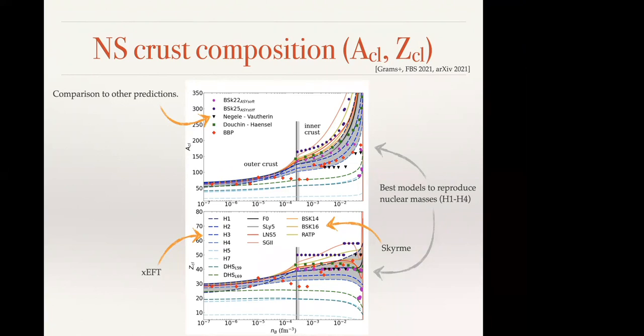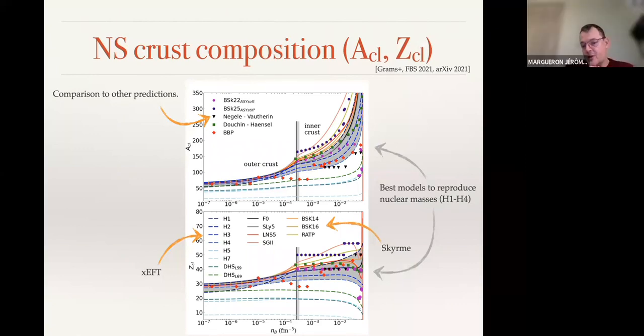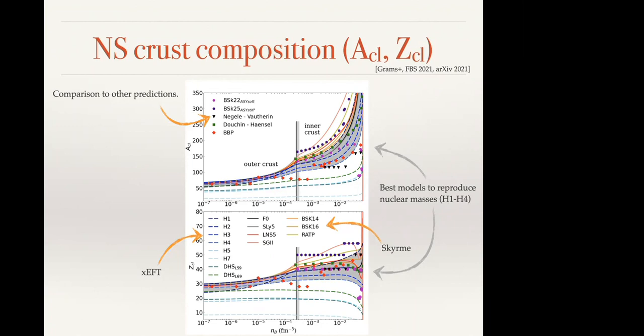But you see that shell effects, as you said, stabilize the predictions a lot, and therefore Z equal 50, for instance, in this case, is the magic number preferred by this model. So by putting in shell effects, there will be fewer fluctuations in Z than without shell effects. Okay, thanks.